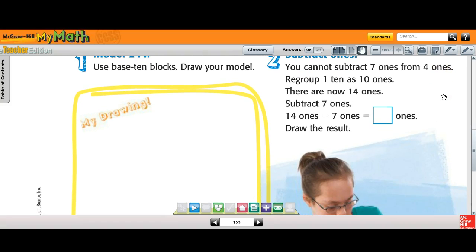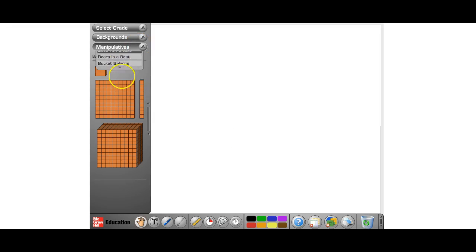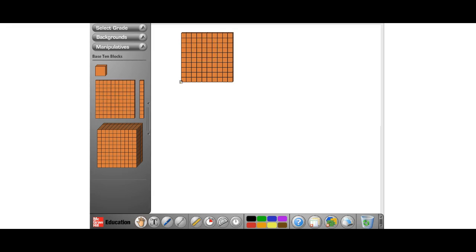And when it says to use 10 blocks to draw your model, they wanted something like this. So it was 244, right? 200. Hold on. 244.